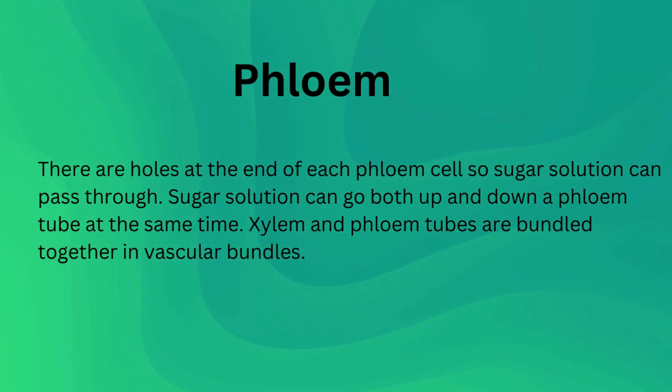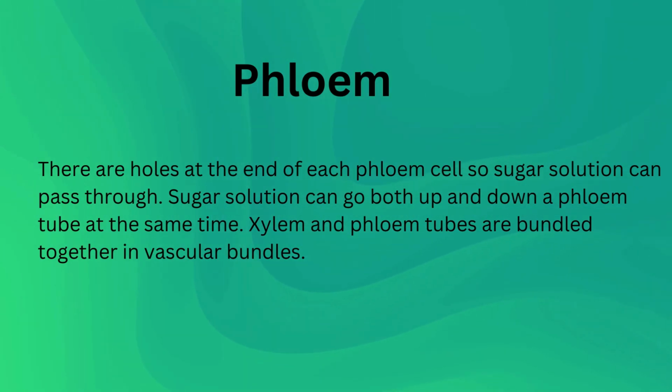There are holes at the end of each phloem cell, so sugar solution can pass through. Sugar solution can go both up and down a phloem tube at the same time. The sugar starts in the leaves and travels down through the phloem tubes to reach other parts of the plant like the roots. The cells in the roots use this sugar for energy and for growing.